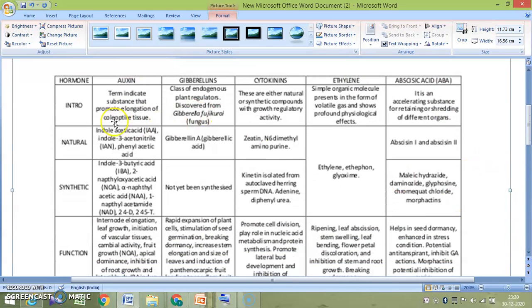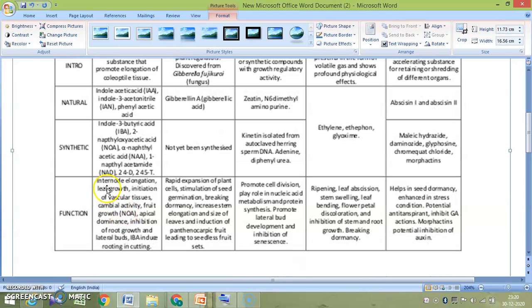Okay children, so auxin, the term indicates the substance that promotes elongation of coleoptile tissue. Its natural substances are indole acetic acid, IAA and IAN, then phenyl acetic acid, and synthetic forms IBA, NAA and 2,4-D, etc. And the functions: internode elongation, leaf growth, initiation of vascular tissues, cambial activity, fruit growth, apical dominance, and inhibition of root growth and lateral buds.